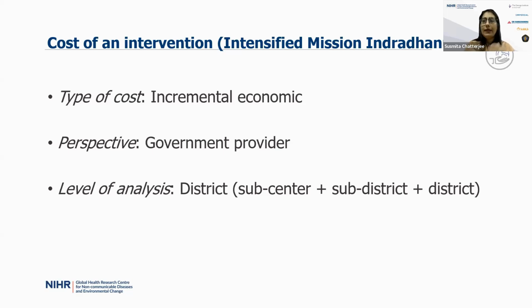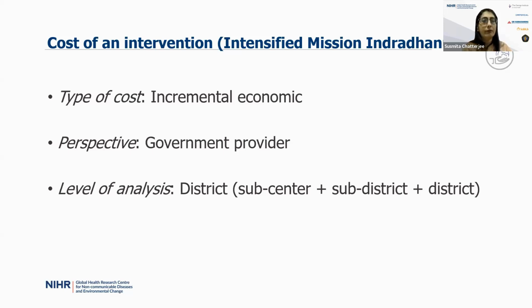What we did was we wanted to see the cost of doing this intervention, because the intervention is something new which the government added. So it is incremental cost. If you all remember, I talked about the perspective, and why it becomes so important, because you need to understand from whose perspective you are going to calculate this cost.